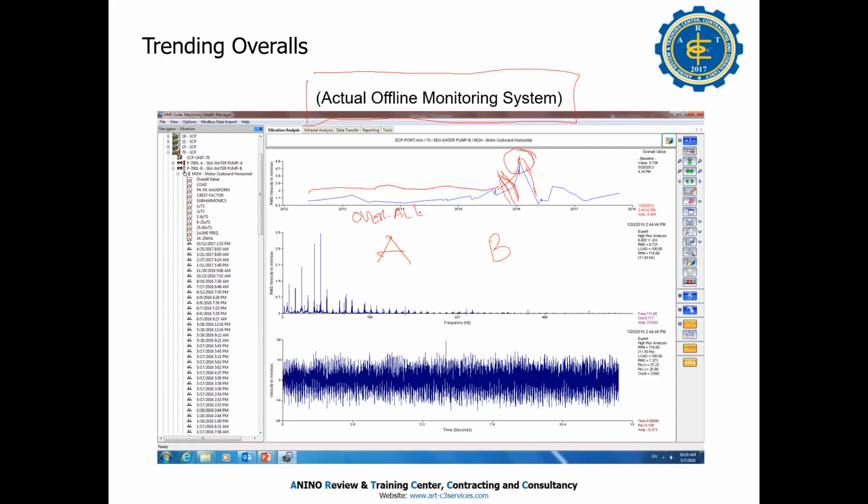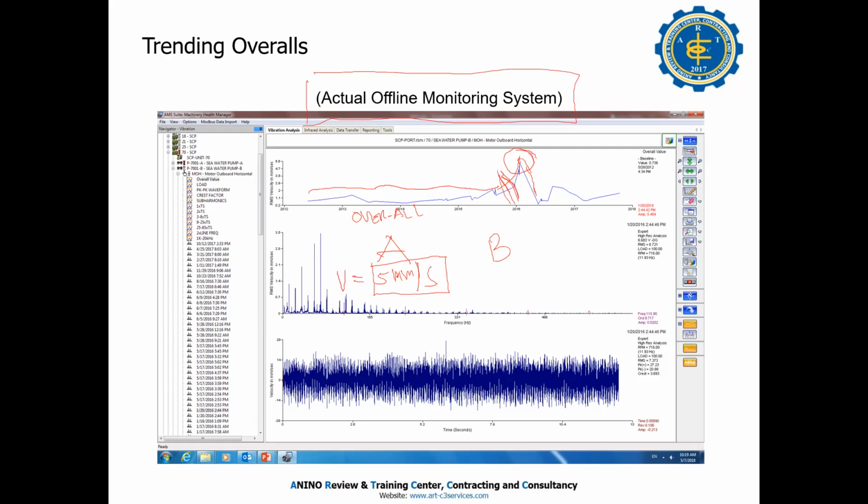You take the overall reading, maybe 5 mm per second, because we always use velocity. In G's, how much is it? It will be lower, maybe.